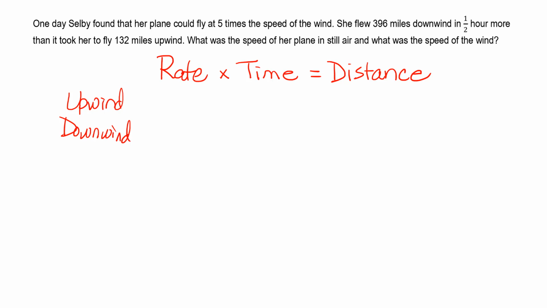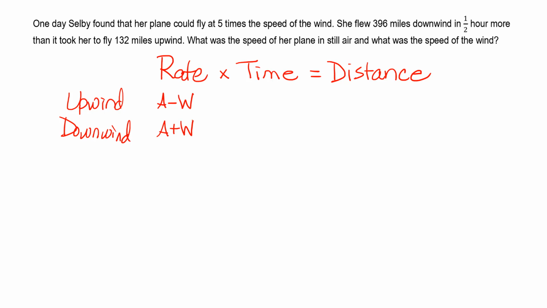All right, when you're flying upwind, that means you're flying against the wind. So you've got the rate of the airplane minus the rate of the wind for your rate. When you're going downwind, you are flying with the wind. So the wind is pushing you. And so your airplane plus the rate of the wind is going to be your rate.